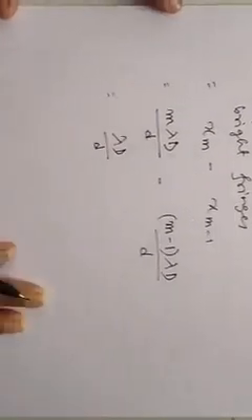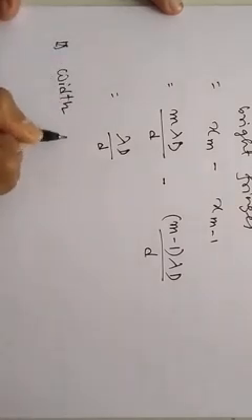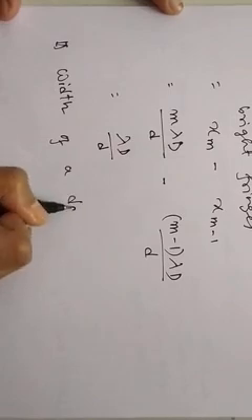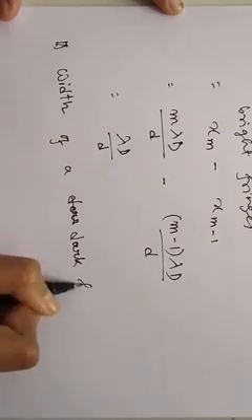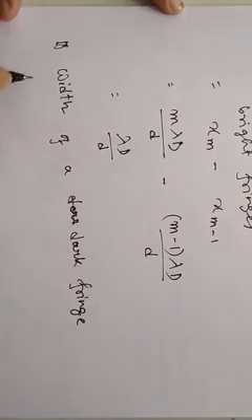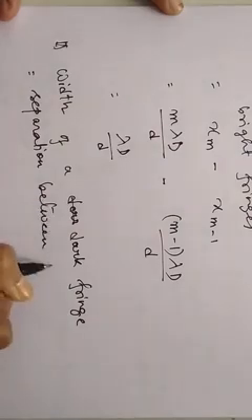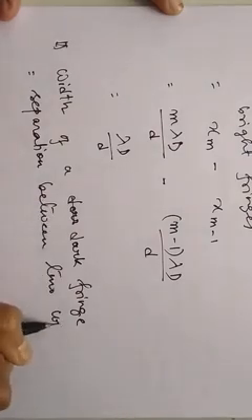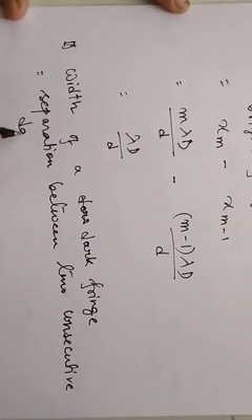Similarly, what will be the width of a dark fringe? The width of a dark fringe will be the separation between two consecutive dark fringes.